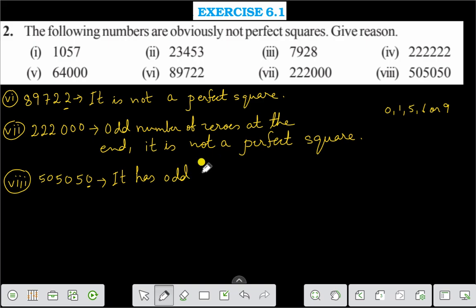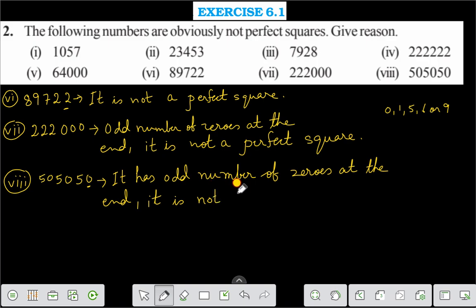It has an odd number of zeros at the end. Therefore, it is not a perfect square.